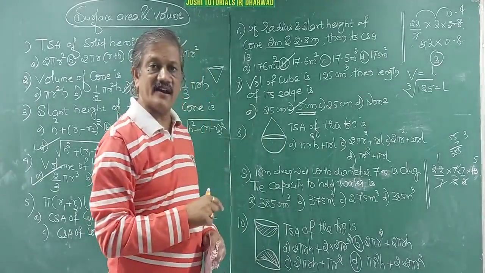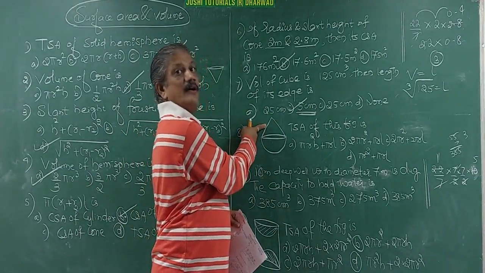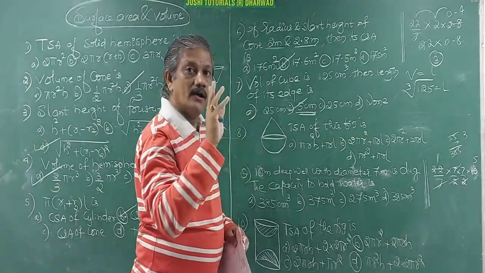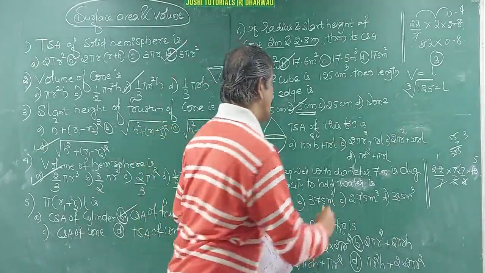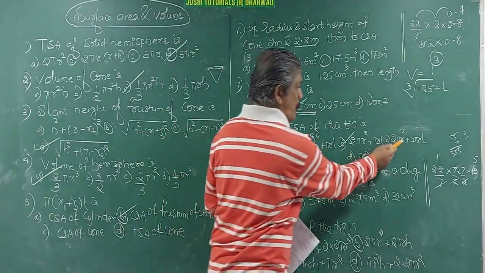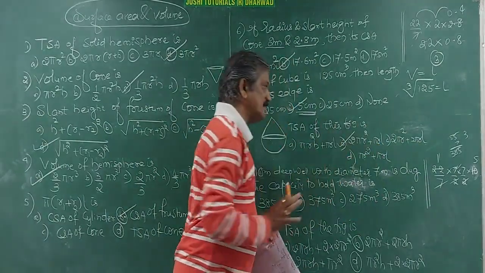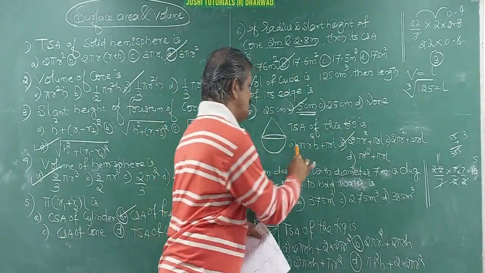See the figure directly. You have to calculate the CSA of cone, pi RL, and CSA of hemisphere, 2 pi r square. Where is that answer? 2 pi r square plus pi RL. I hope it is here. 2 pi r square is here, but it is only pi RL here. Pi RL is here, no 2 pi r square. This will never come.